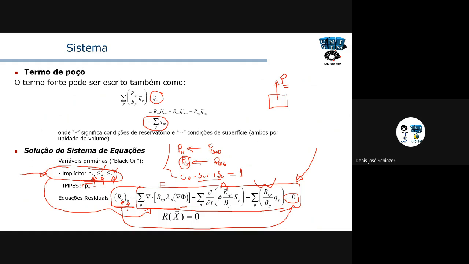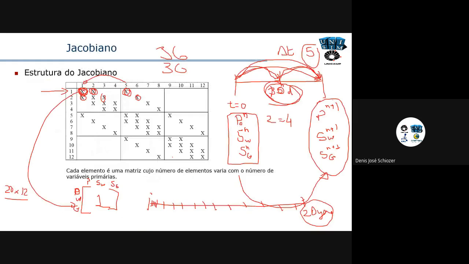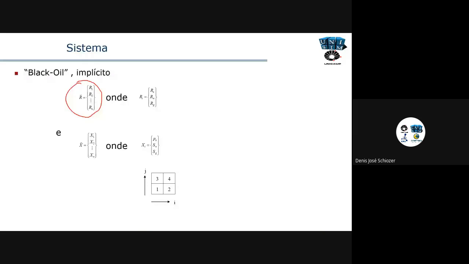So it must go to 0 all the time, okay? Okay, so when I solve this, of course, if I have n blocks, I have n residuals, and each residual here has 3 terms: oil equation, water equation, and gas equation. And my unknowns are also a vector of n blocks, and each of these x here has pressure, saturation of water, and saturation of gas, okay?